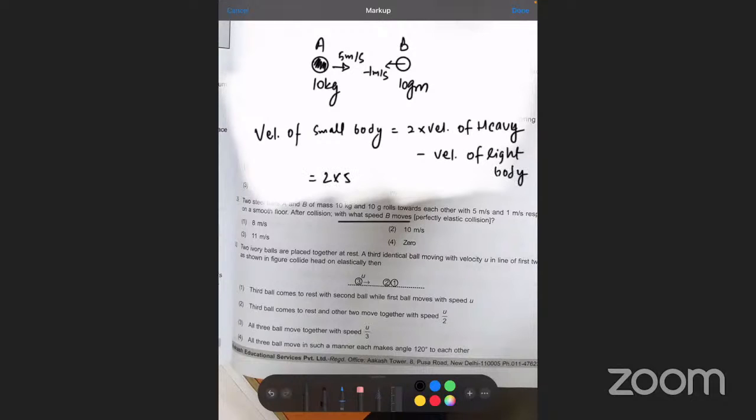So 2 into 5 minus, minus 1. Could you understand that? This minus is from the formula, and this minus is because we are using vector form. Could you understand that or not? Yes, sir. Good.